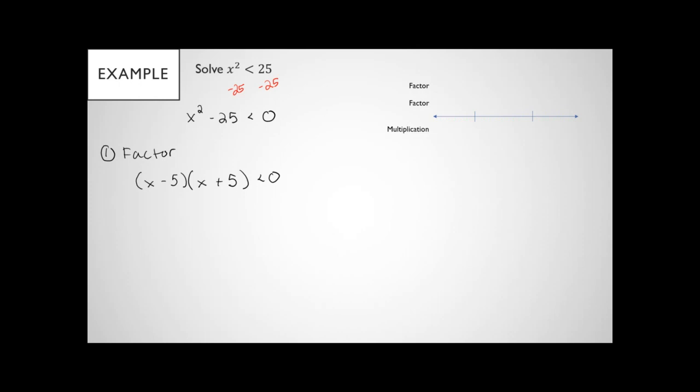So I factor, and then I find my zeros. So I set each of those factors equal to 0 and solve. And you get 5 and -5.